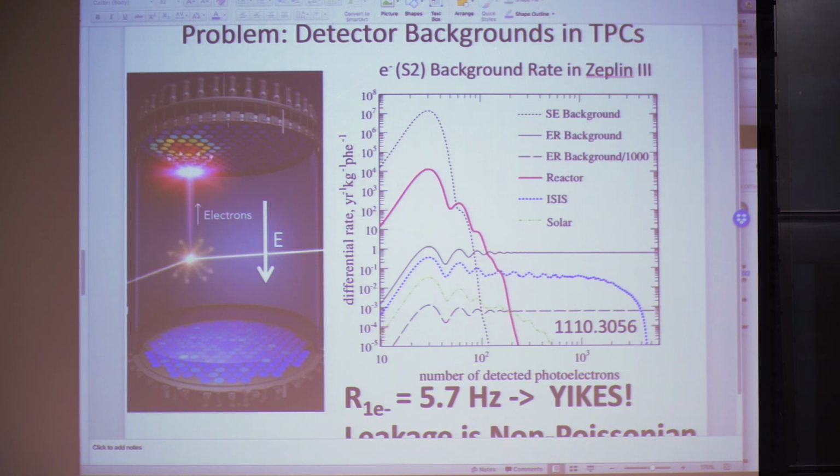So 1/3 of your electrons are getting stuck right at that interface. And maybe those electrons then also tunnel out and kick up and give you a single electron signal. So these are all single electron signals which aren't fundamental. They're not particles hitting. It's your detector itself giving you this background.